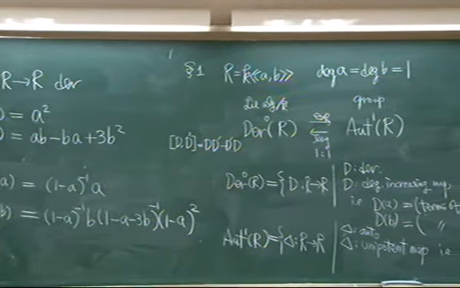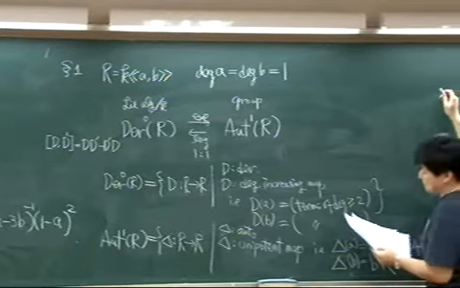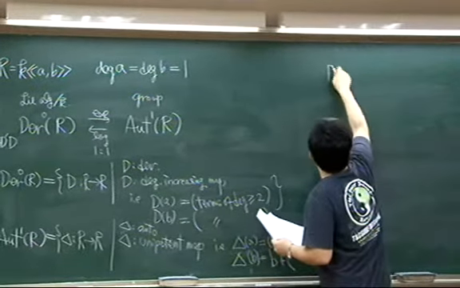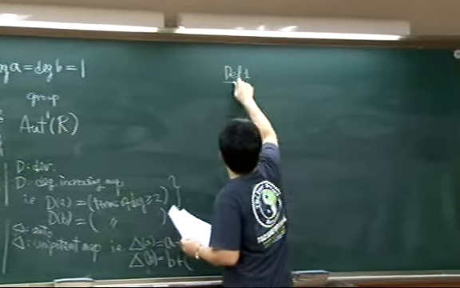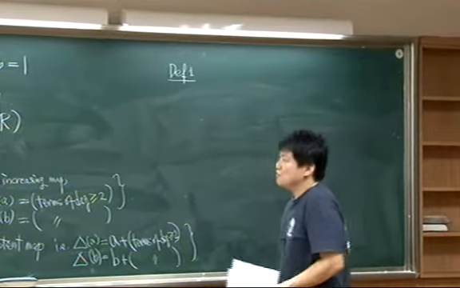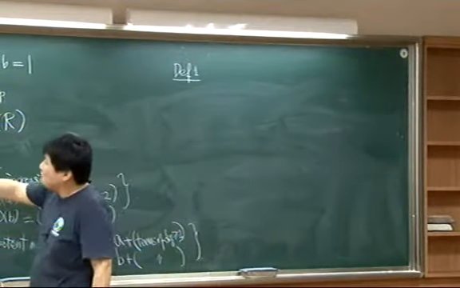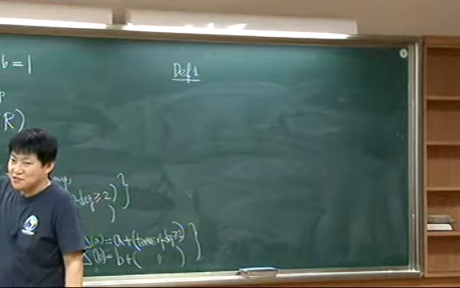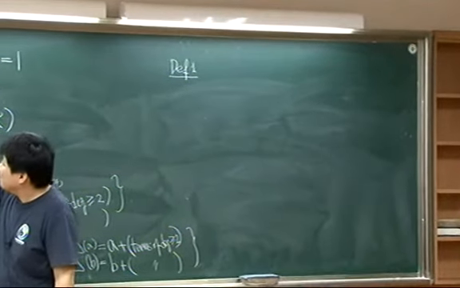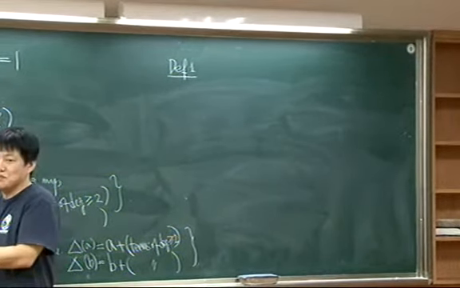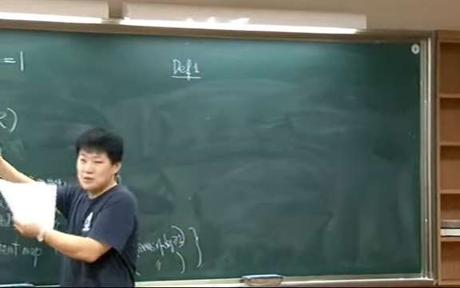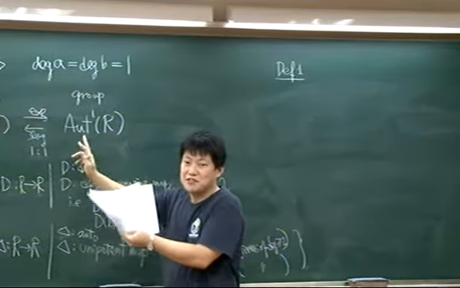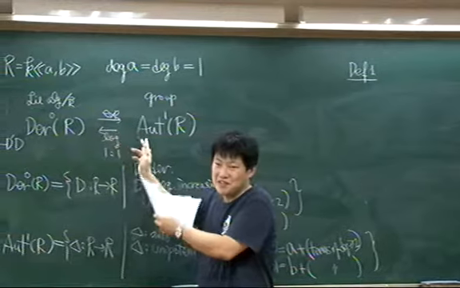Okay, it's time to define the specific class of derivations. So my final hope is to take any element of this Lie algebra and calculate the corresponding automorphism. But unfortunately, the calculation is quite heavy.